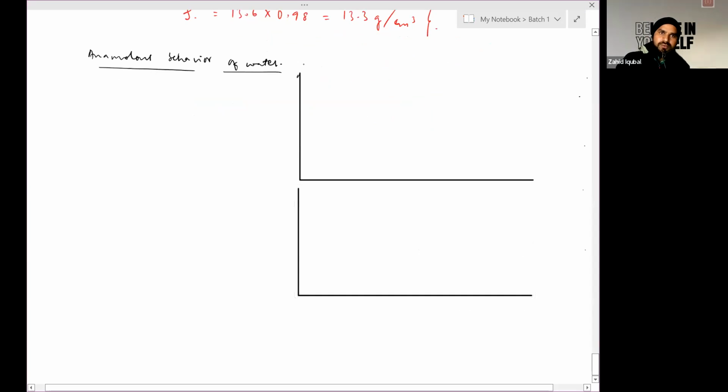Let's say this is volume versus temperature, and this is density versus temperature.